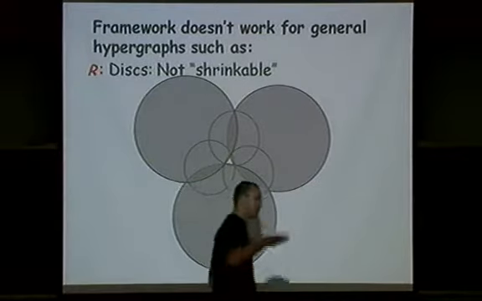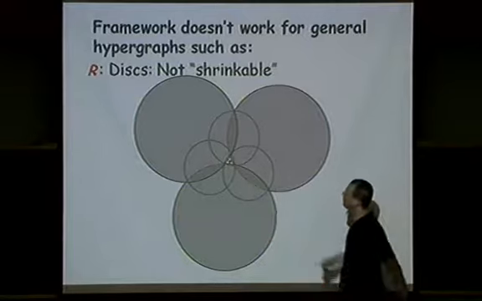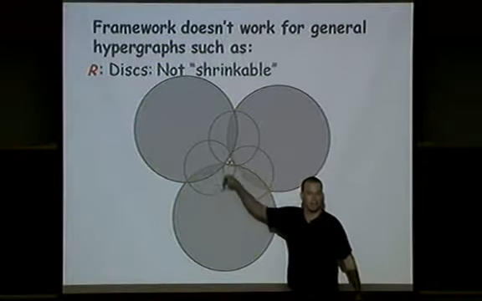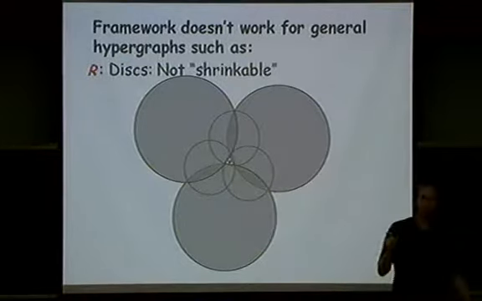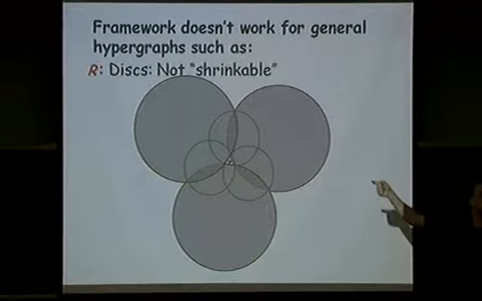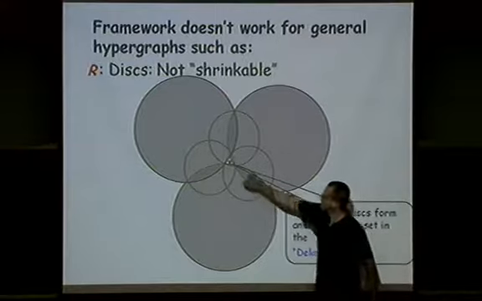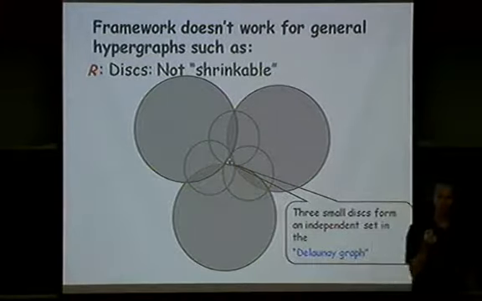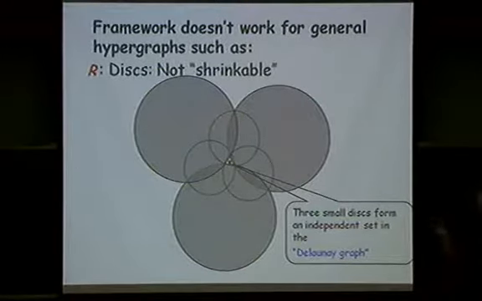The disks are the elements, and for example, this point here, the only one that contains this point, means that these 3 little disks are a hyperedge in that hypergraph, a subset of size 3. But this is not a shrinkable hypergraph. Here, these 3 disks form a hyperedge, but no 2 of them form a hyperedge, right? There is no point that belongs to exactly 2 out of the 3 disks.